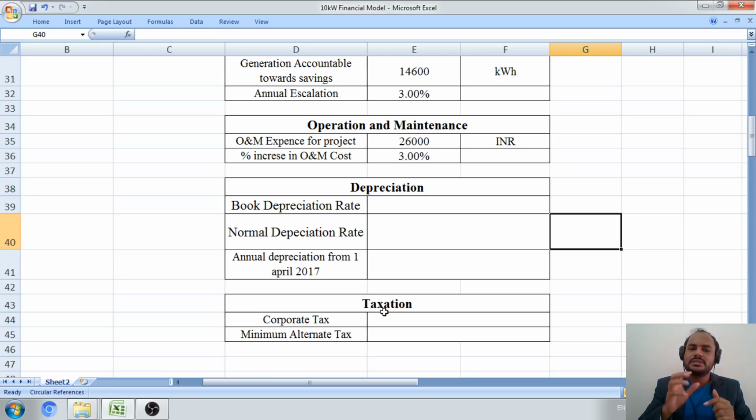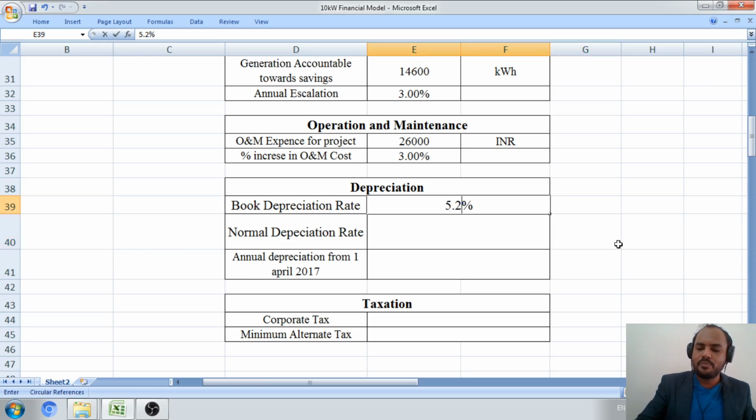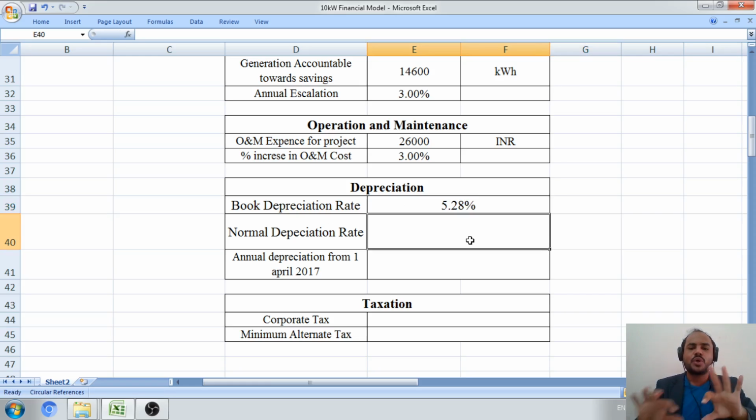The third is the normal depreciation rate, because excluding the solar and wind power plants, which come under the renewable sector, all other power plants are allowed to depreciate their assets in the balance sheet by 15%. So we fix the percentage of the book depreciation rate. We are taking 5.28% here, which is the straight line method of depreciation, or the constant depreciation every year.